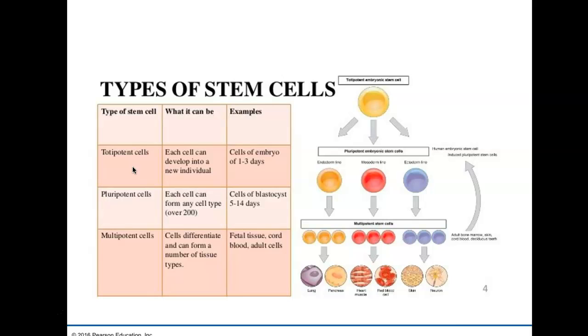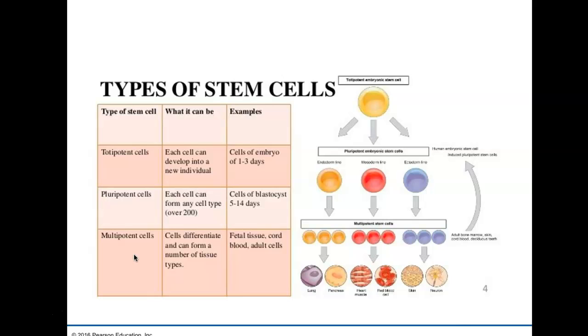Pluripotent stem cells come from an embryo, or it's also called a blastocyst, that's 5 to 14 days old. And these are the ones of interest that can be grown into different tissue types. And then multipotent stem cells can come from fetal tissue, cord blood, or even adult cells.